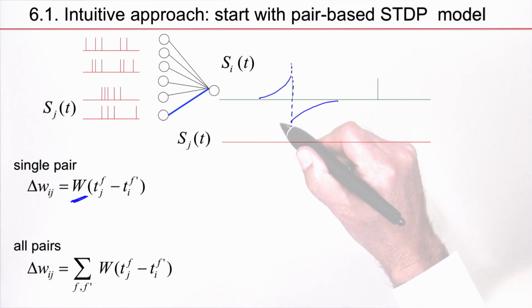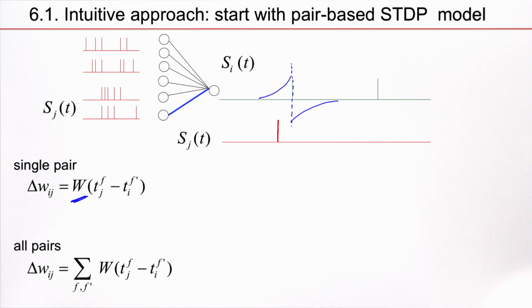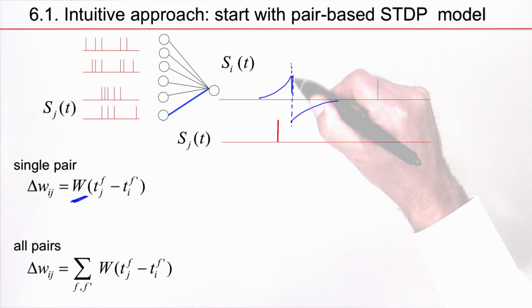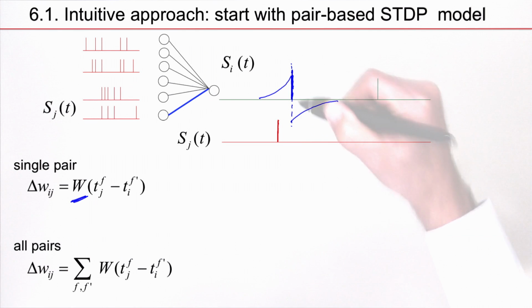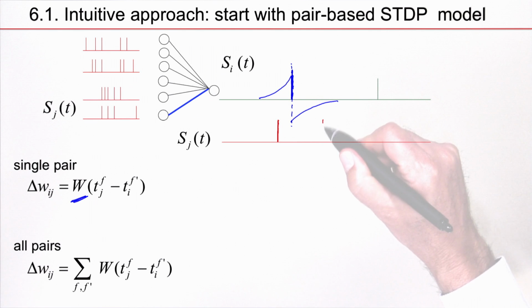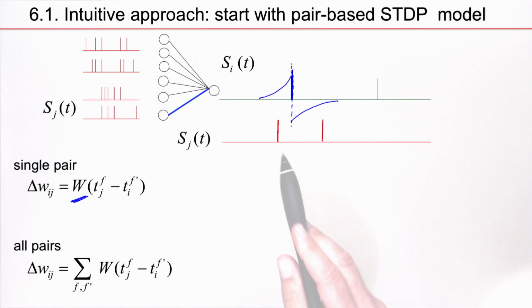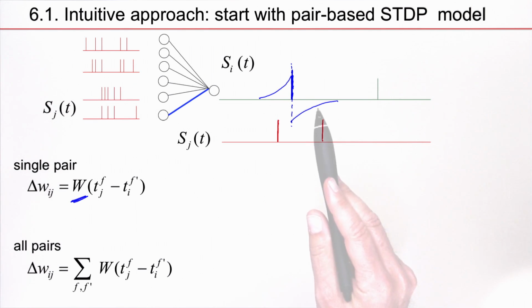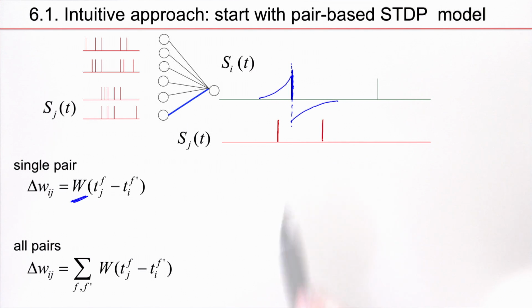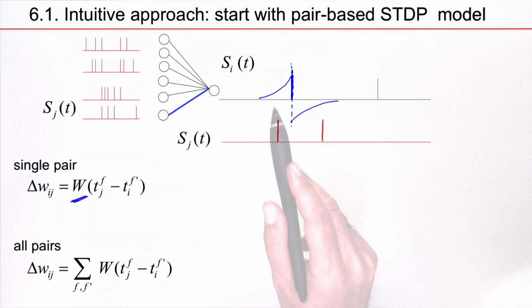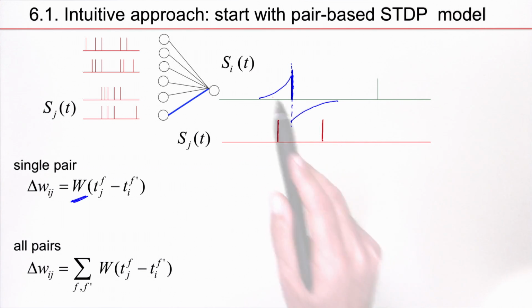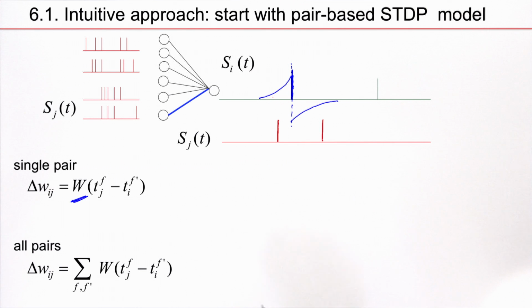And it could be that this presynaptic spike here arrives just before the postsynaptic spike that we had here. On the other hand, the presynaptic neuron could also emit a spike here. And now you see sometimes a spike arrives here and sometimes a spike arrives there. So it's clear that we don't really know exactly when these spikes arise, and if we say the spikes just arrive stochastically, then on average they might fall at any arbitrary position inside this window.